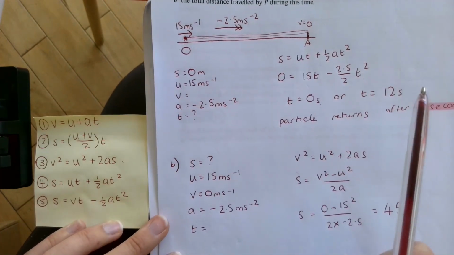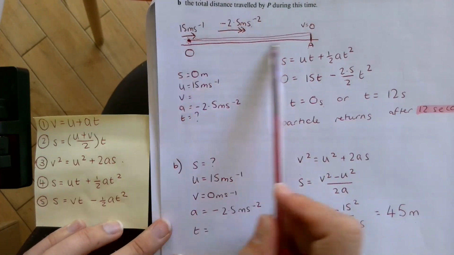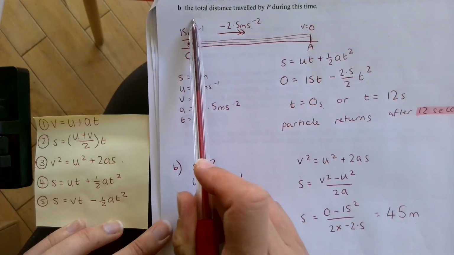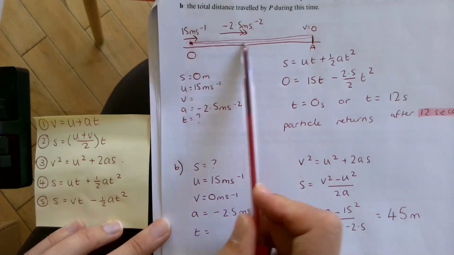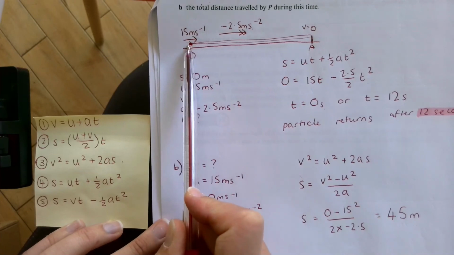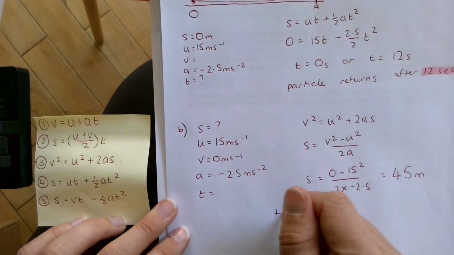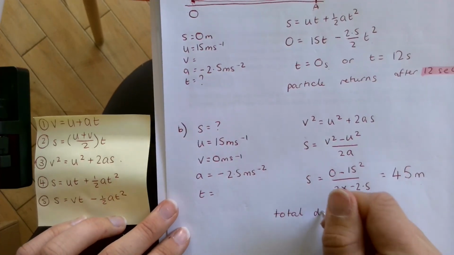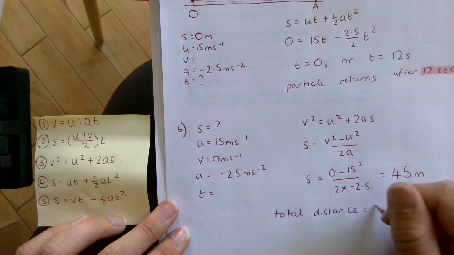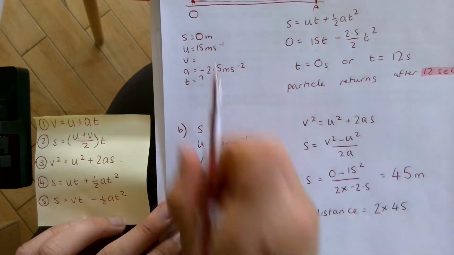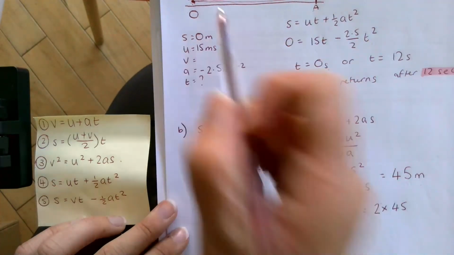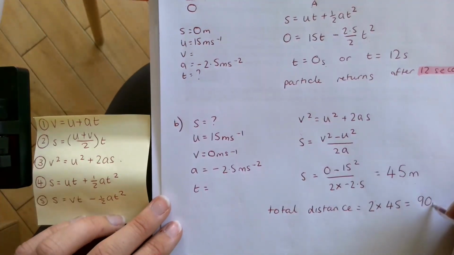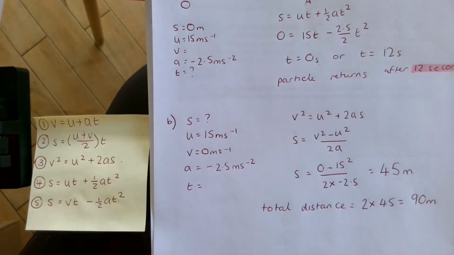I've not completely finished though, because remember, I need to multiply that 45 by 2. I'm looking for the total distance travelled by P to go out to A, but also to go all the way back. So my total distance is equal to 2 lots of 45. 45 metres to go out and 45 metres to go back in. And so that will be 90 metres is the total distance travelled by the particle P.